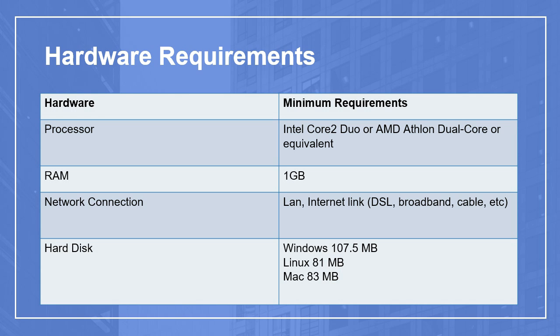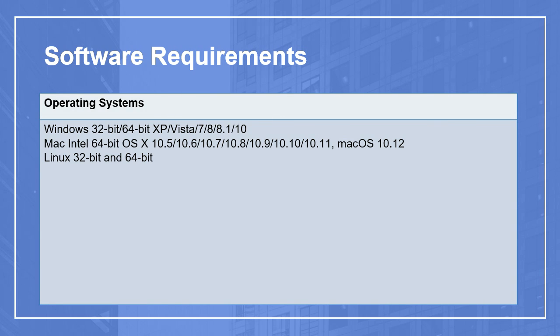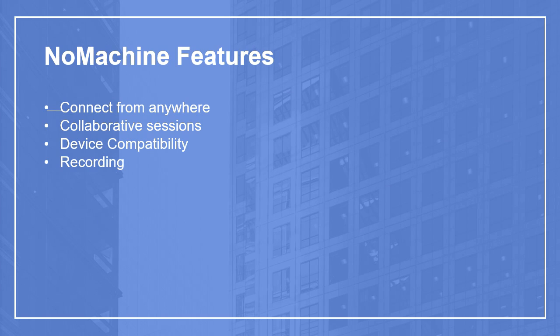But for Linux and Mac it is around 81 and 83 MB. Moving on to the software requirements, NoMachine is compatible with Windows, Mac, and Linux, all in 32-bit and 64-bit. It is also compatible with Red Hat and Ubuntu.